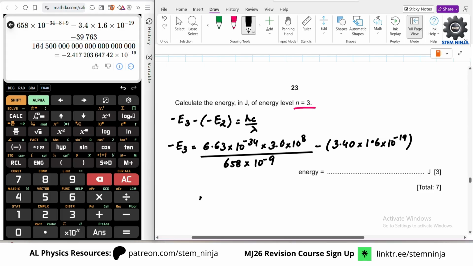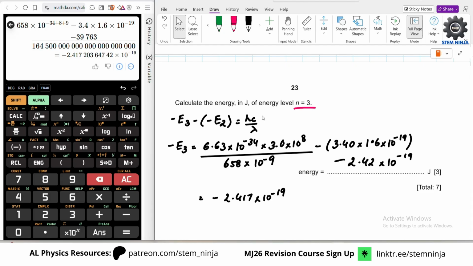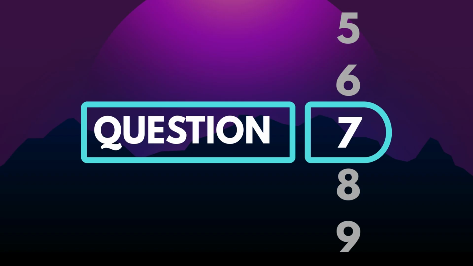And that's it. In the negative form, minus 2.42 times 10 raised to power minus 19. Okay, that's it for this question. Let's move on to the next one.